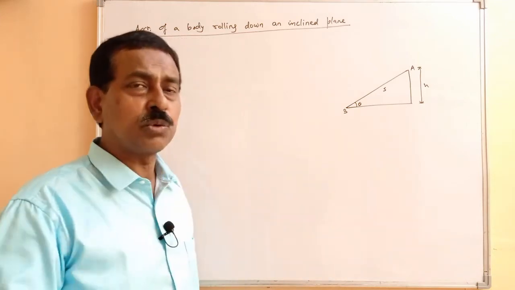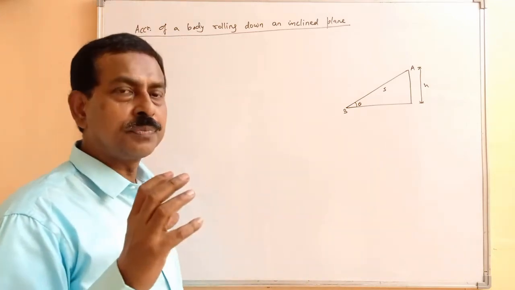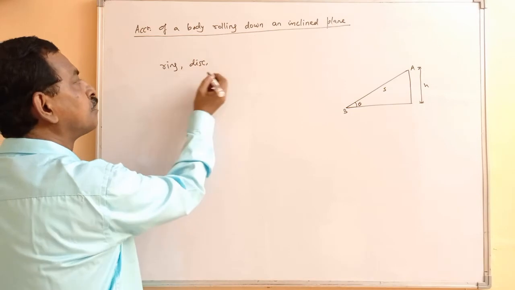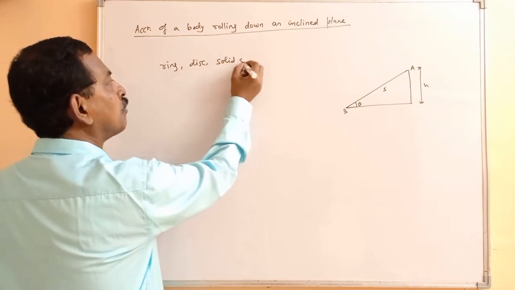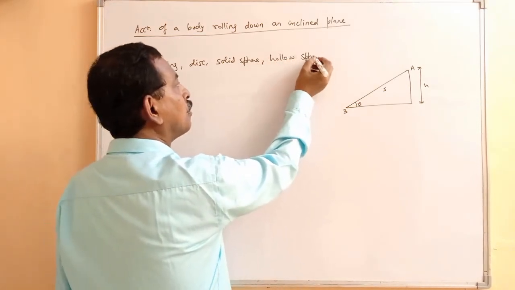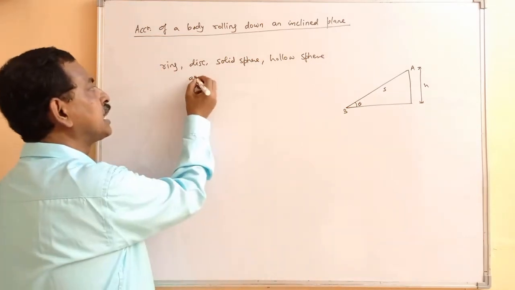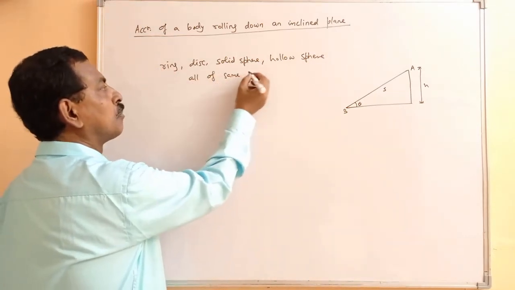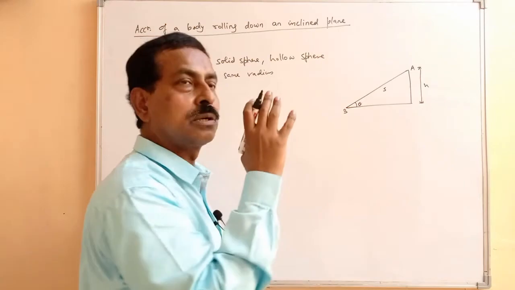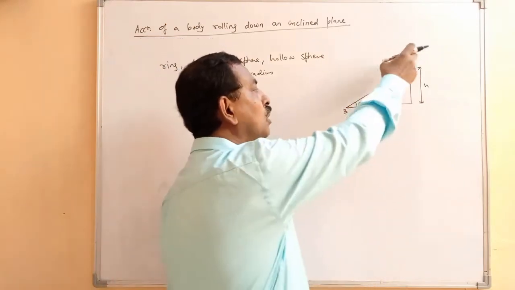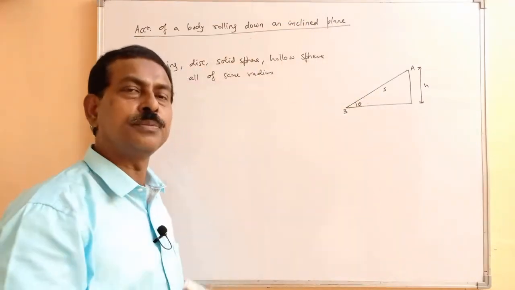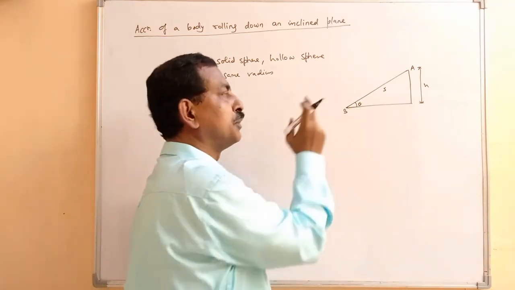One very common question is: if we have a ring, a disc, a solid sphere and a hollow sphere, all of the same radius, released from point A and allowed to roll down, which one will reach the bottom first?